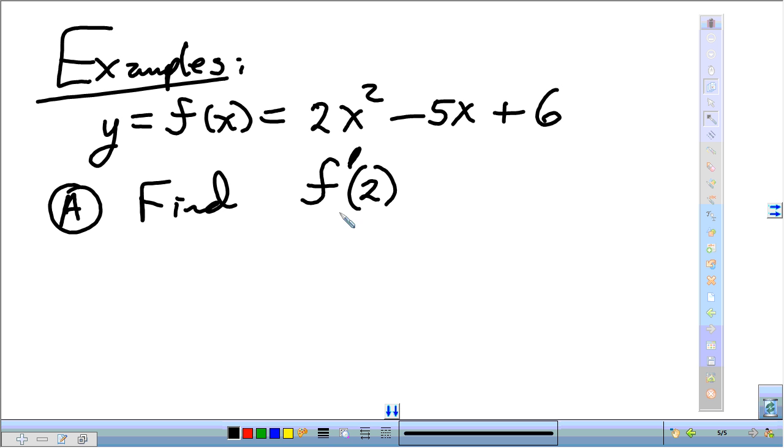So, pictorially on that curve, what's the direction or the slope at the value 2?